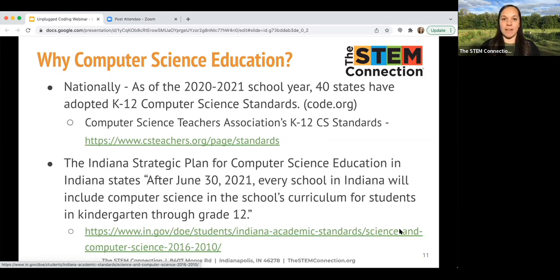So as you're thinking about why this is important, there are a lot of valid and good reasons to incorporate digital literacy and computer science education into the work that you're doing. And Kathy's going to share a little more about some ways to get started with that, even with the youngest kids that you might be working with.